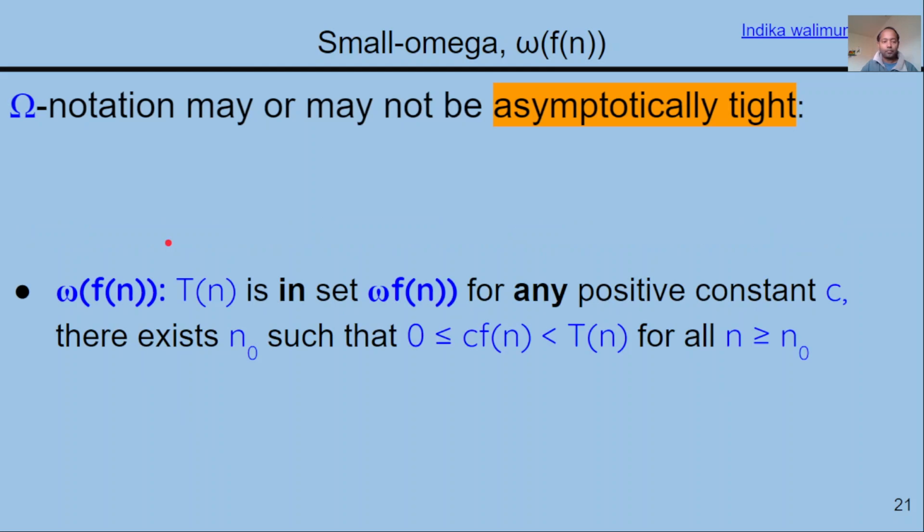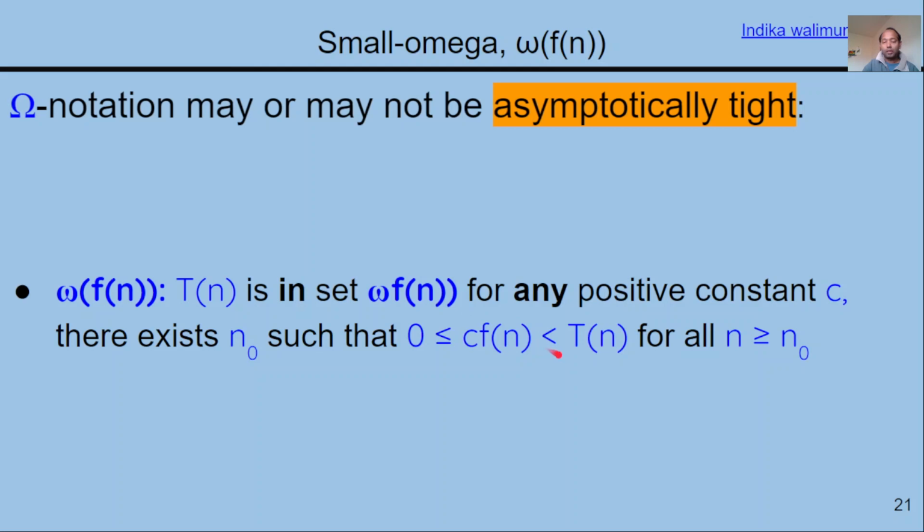Then we can define small omega of f(n). T(n) is in the set small omega of f(n) for any positive constant c and n naught, and if we can have this relation, then it's in the set small omega of f(n). So it's for any positive constant beyond n naught, and T(n) is always on top of c f(n).